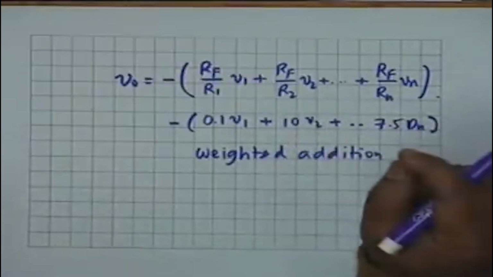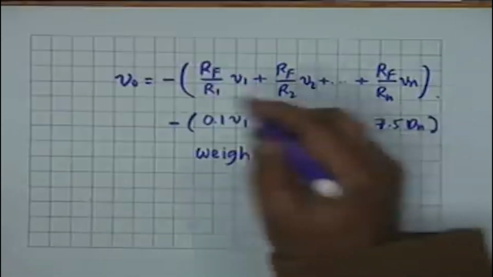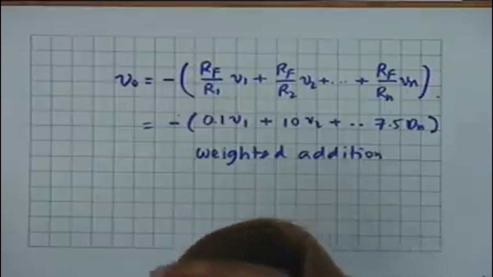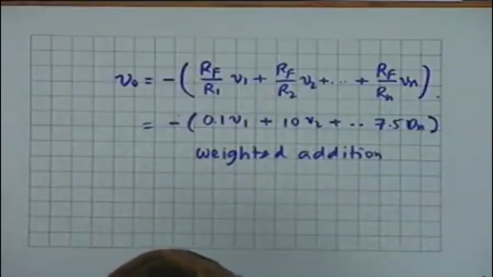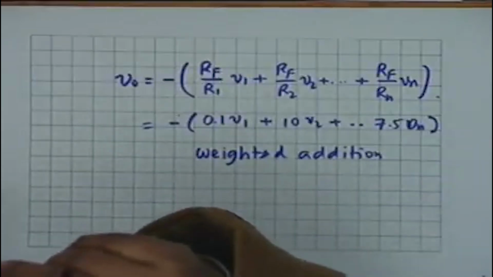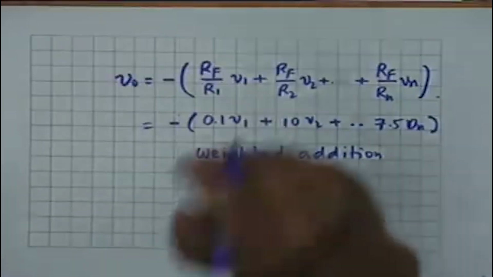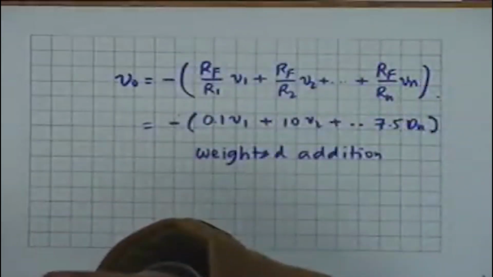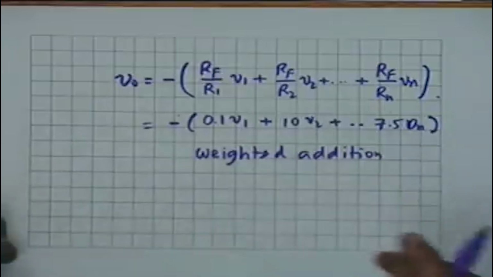Alright, that is the input resistance. Now, suppose we don't want this negative sign, we want an addition with a plus sign. What is it that we can do? You can use the non-inverting terminal. Yes, you can do that.